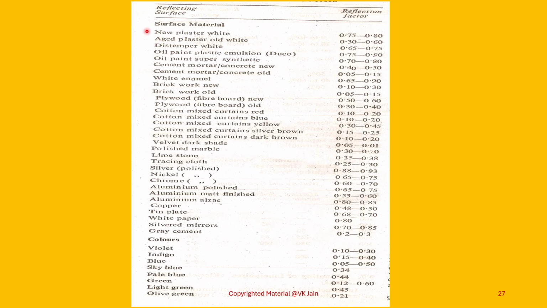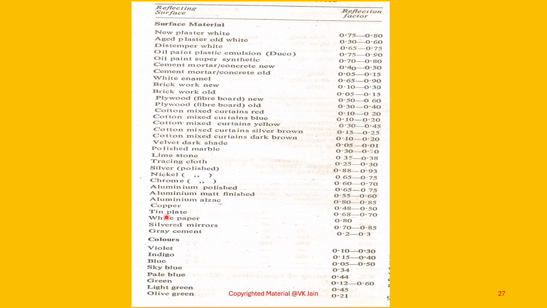It is grouped like surface materials, that is new plaster white, aged plaster, distemper, oil paint, cement, etc. Then white enamel type of surfaces, limestone, these are the metallic surfaces, silver, nickel, chromium, aluminium, copper, tin plate, they have got reflectance of various nature.